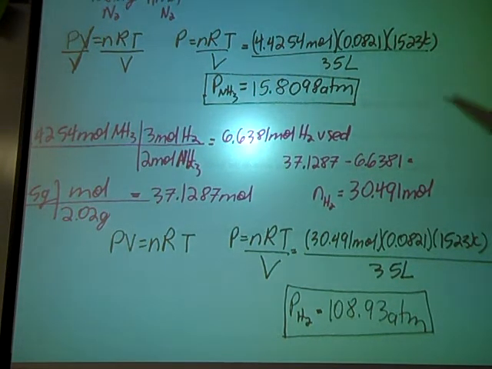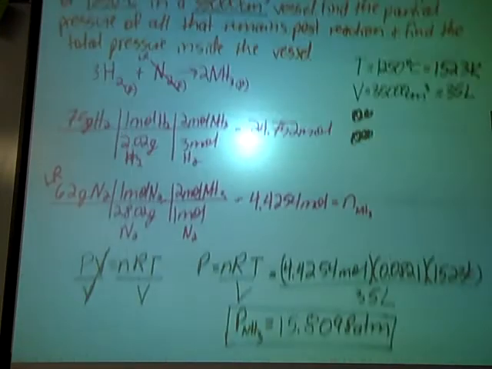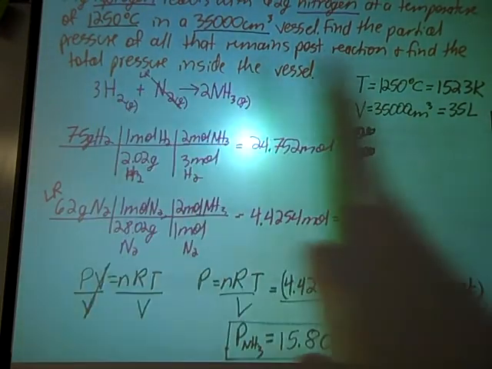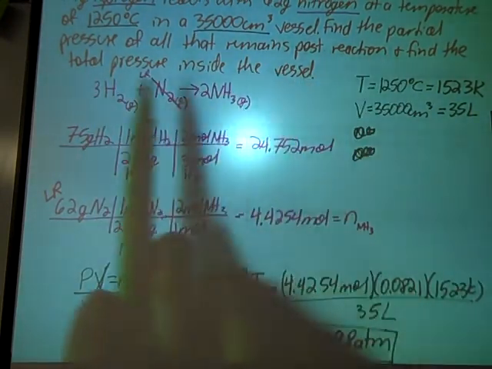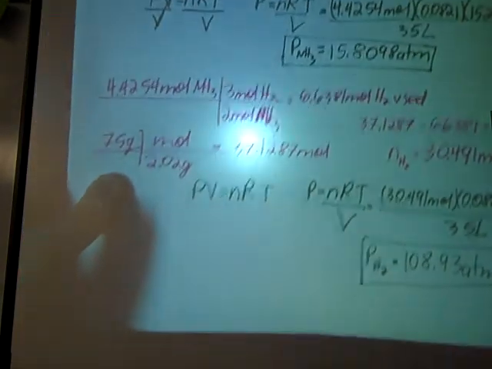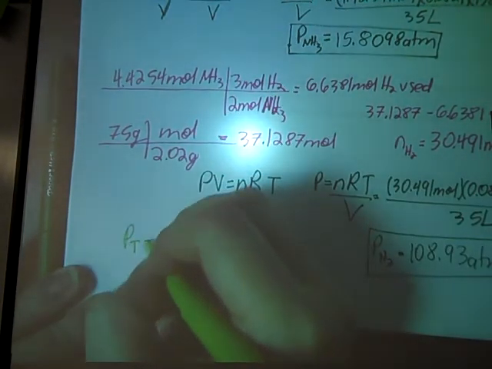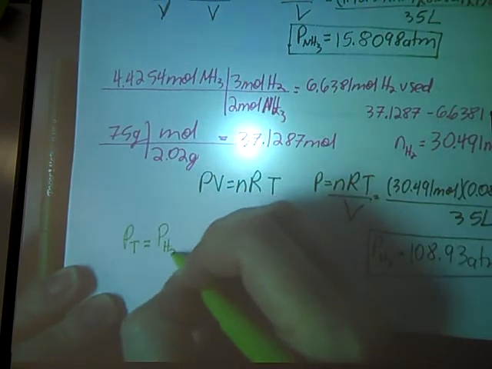But just to continue numerically speaking, these are both partial pressures. The problem also asked us not only for the partial pressure of everything that remains in there, but also for the total pressure inside the vessel. If you remember from the notes, we had a law called Dalton's law of partial pressures. And so that just required that we add everything together.